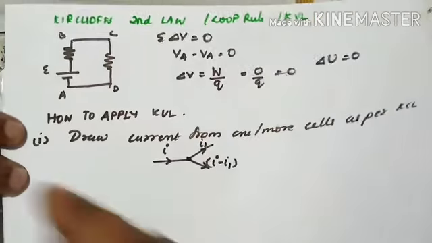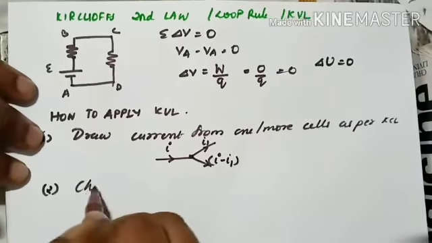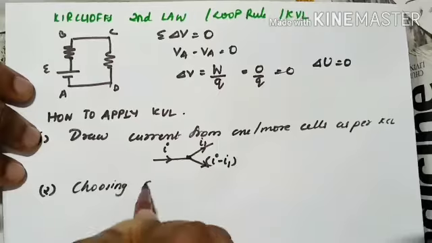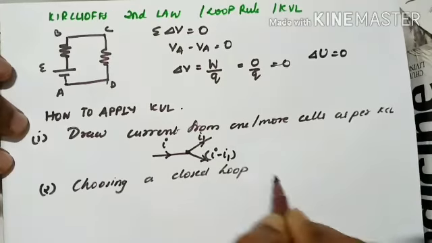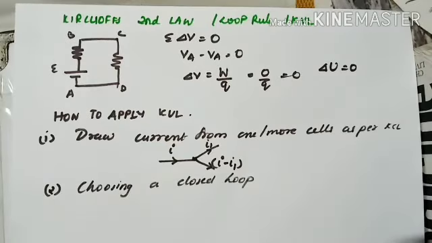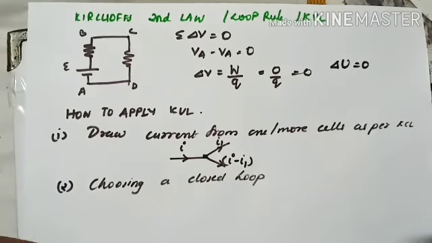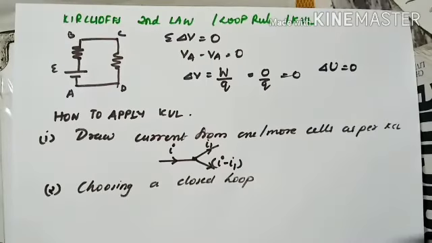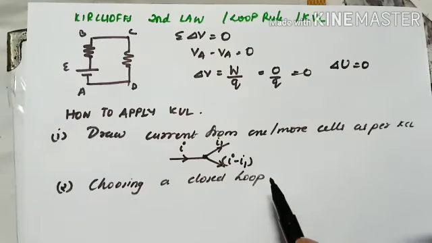Now the second rule you have to remember is choosing a closed loop. The circuit might not consist of one single loop, it might have more than one loop. So you have to select which loop you want to start with. This loop can consist of any components, a capacitor, a resistor, whatsoever.